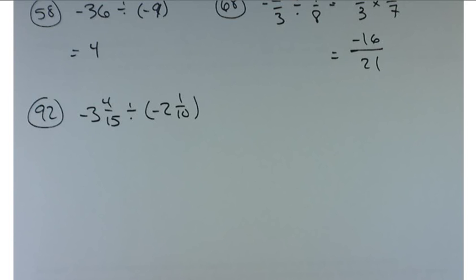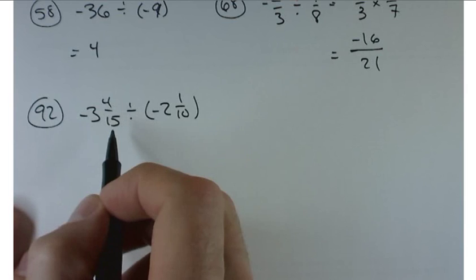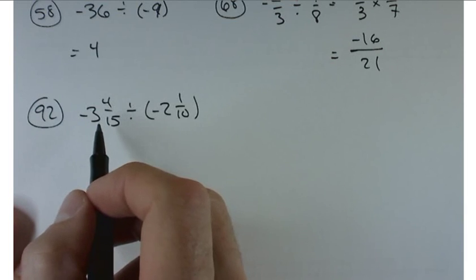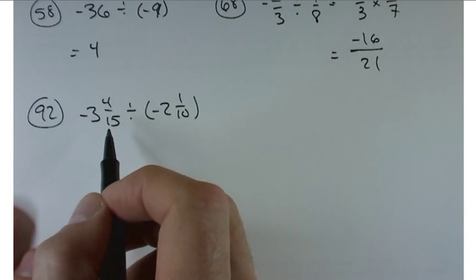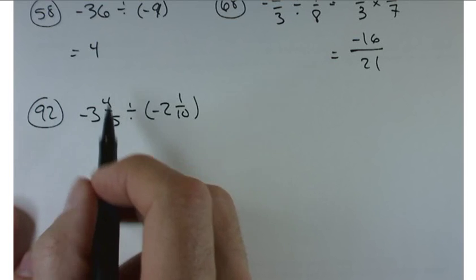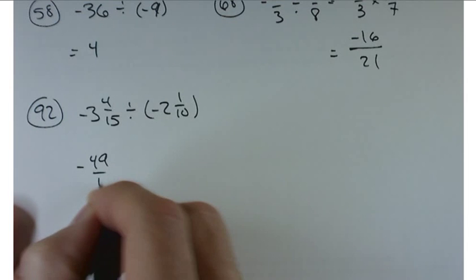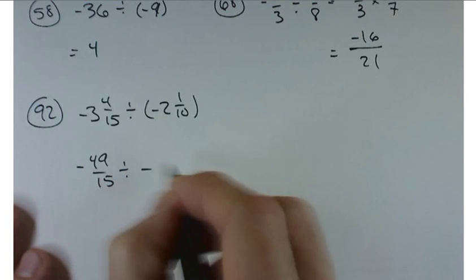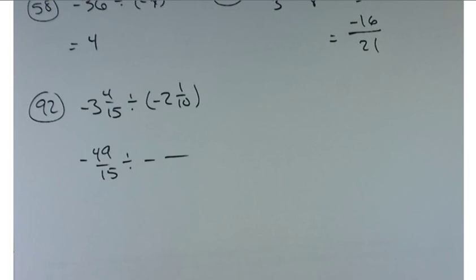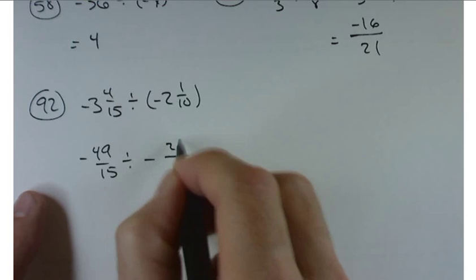So, was it LaShawn? Yeah, thanks, LaShawn. So, as an improper fraction, what would this be? 3 times that, 45 plus 4 is 49. So negative 49 over 15 divided by what? Yeah, negative 21 over 10.